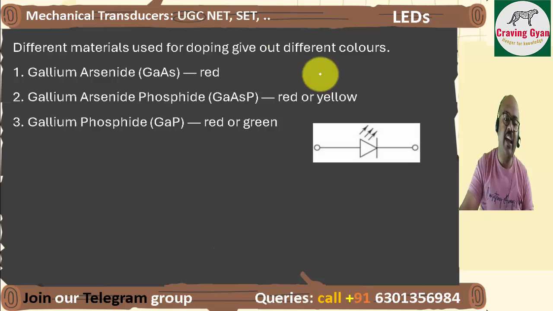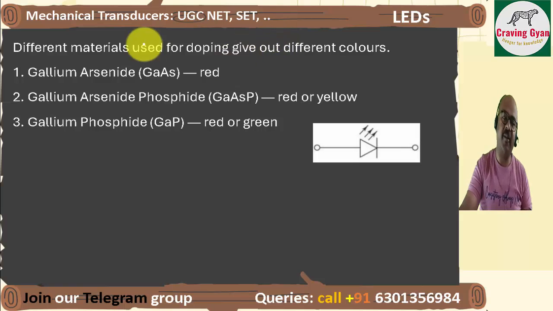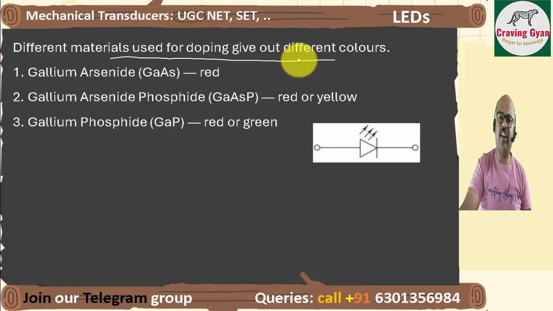Important. Now, different materials. This question they have asked n number of times. For LCD design and for LED design, what doping concentrations you will be having, what materials you can club and generate, and what kind of emission it is going to occur. These kinds of questions they will be asking. Different materials used for doping give out different colors.